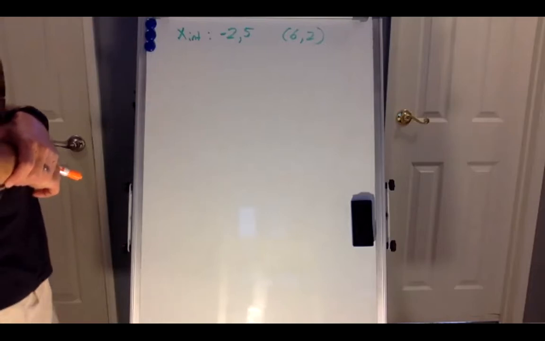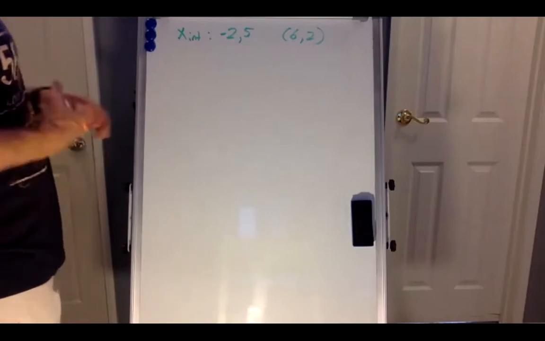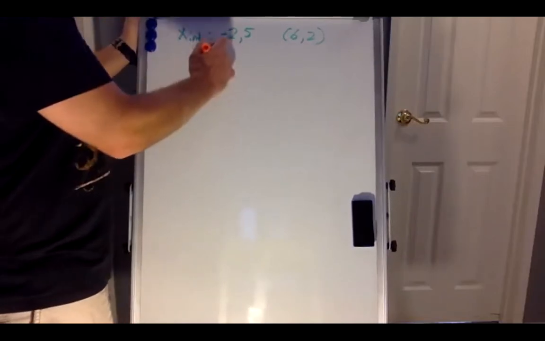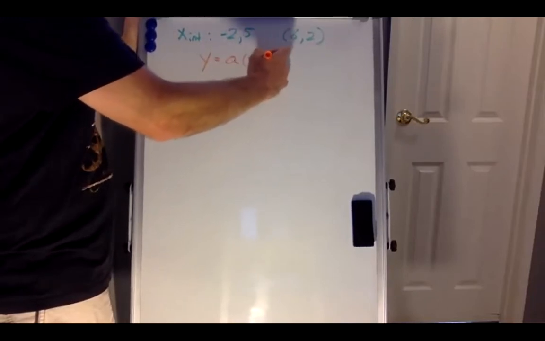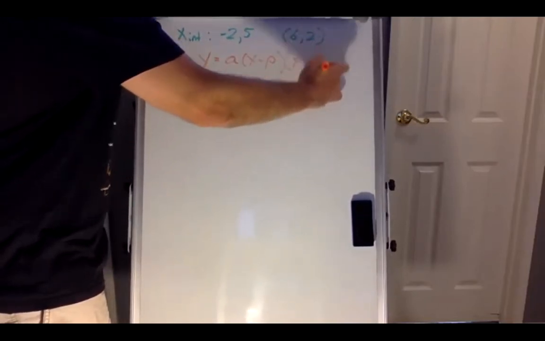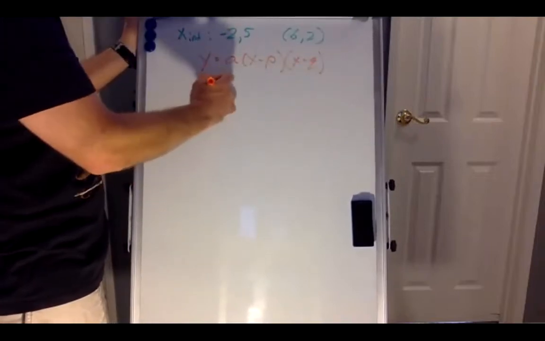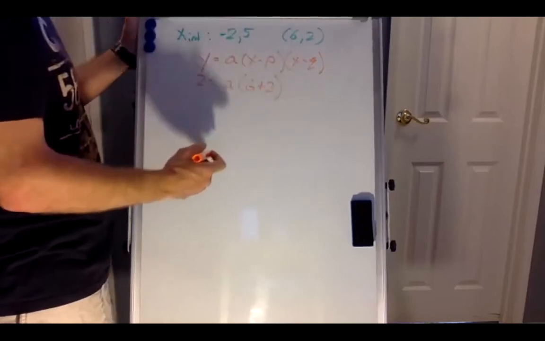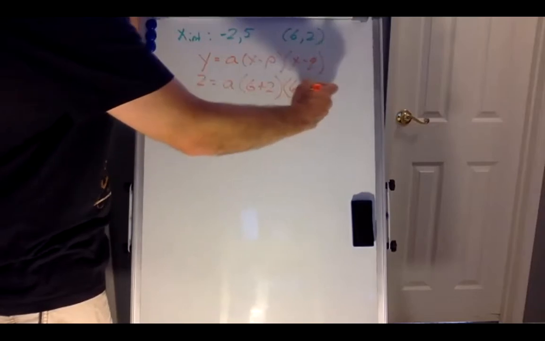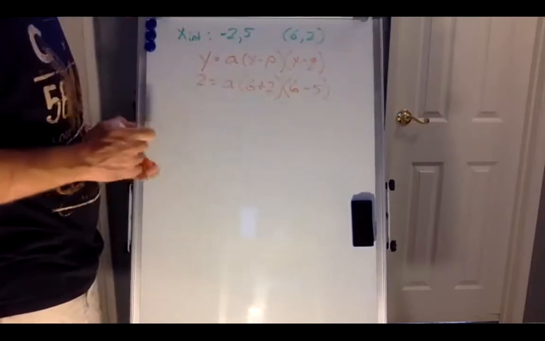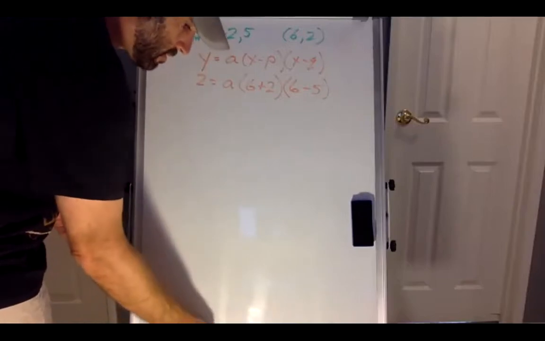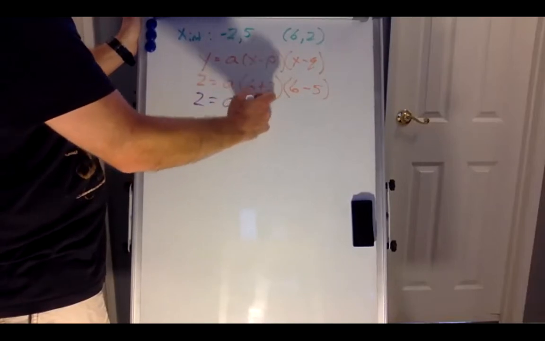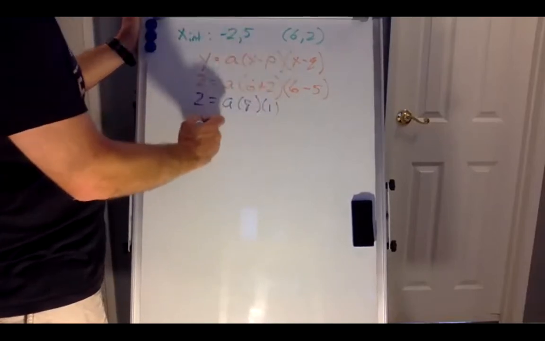Most of the problems will be like this, you'll see. You should be writing out this: y = a(x - p)(x - q). 2 is equal to a(6 + 2)(6 - 5). 2 equals a times 8 times 1. a is equal to 1/4.